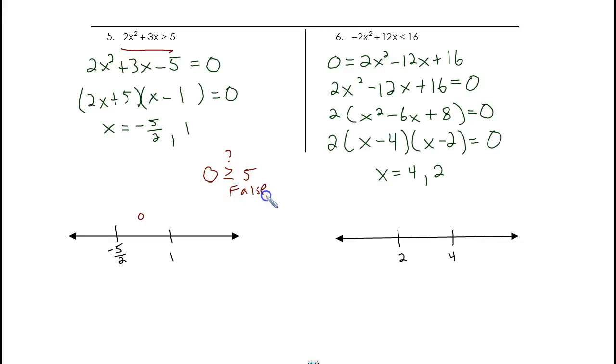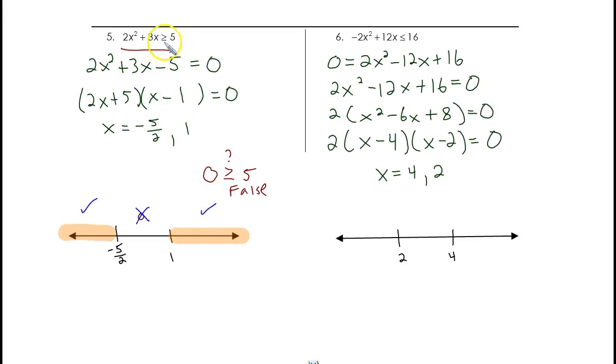That's false. And since it's false, that means that 0 is not a solution, which means that nothing in the middle is a solution. And we have another situation where the outsides are what would work. I'm not doing this because it takes some time, but if you were to test 2, 2 times 2 squared plus 3 times 2 is going to be greater than 5. It's going to work. It's going to be true.